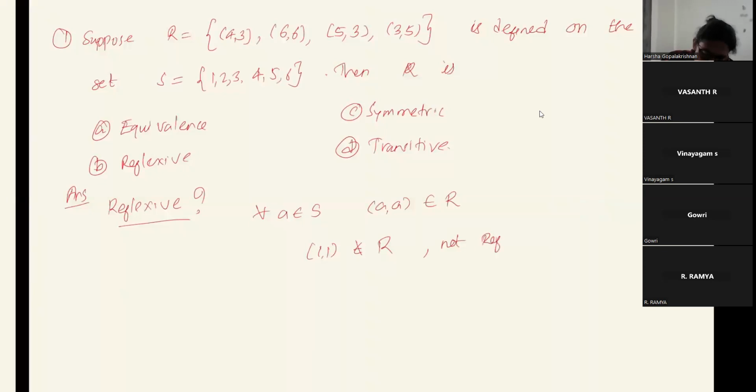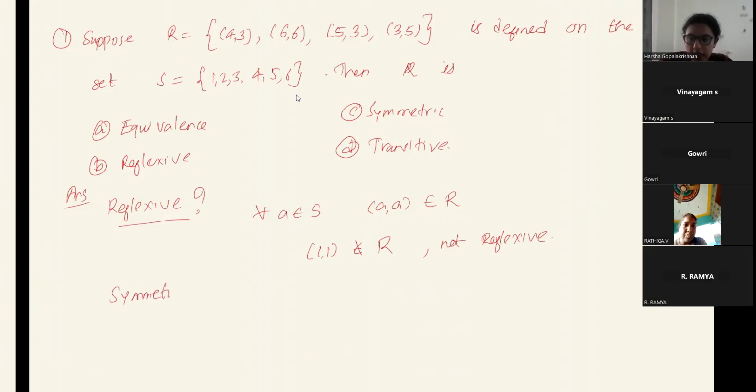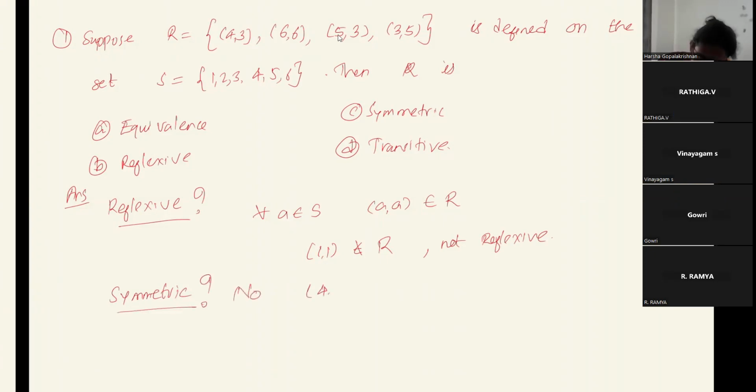Now, what about the symmetricity? Already one of you has answered. Is this symmetric? No. He has already given the example because 4, 3 is in R, but 3, 4 does not belong to R. What is the condition of symmetricity?